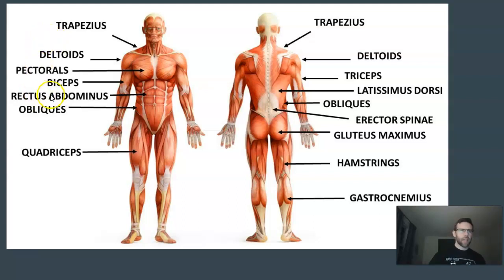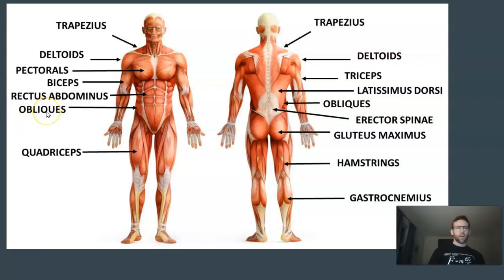All right, moving down, we have the rectus abdominis, and that's just a fancy way of saying your abs. So when we say abs, we're just really focusing on those two letters of the name. Rectus, when you think of rectus, you can think of something that's like standing up. So these muscles really support us when we are standing up.